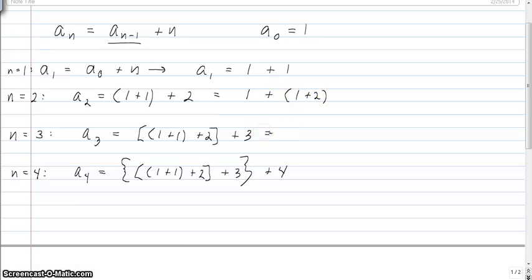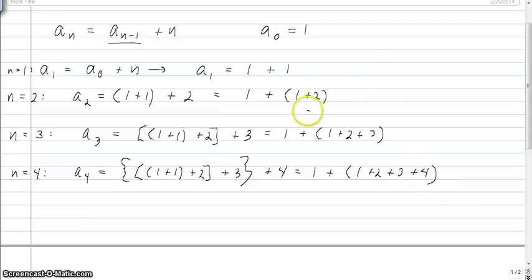And I could rewrite this third value as 1, the first 1 is staying the same in each term. So this third value is 1 plus the sum, 1 plus 2 plus 3. And then this fourth value is 1 plus the sum, 1 plus 2 plus 3 plus 4.